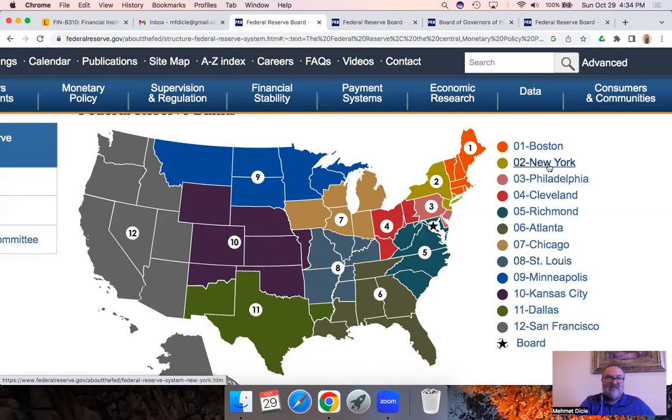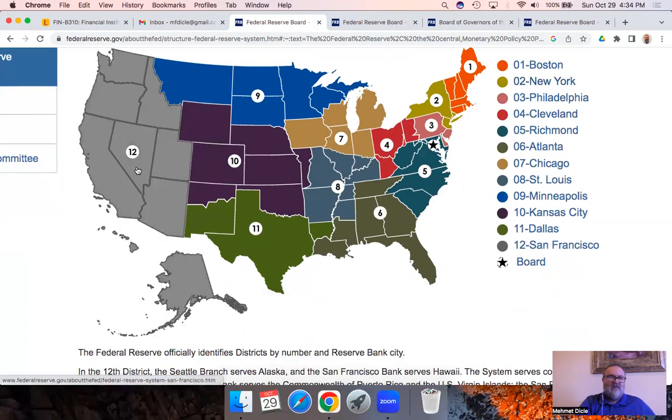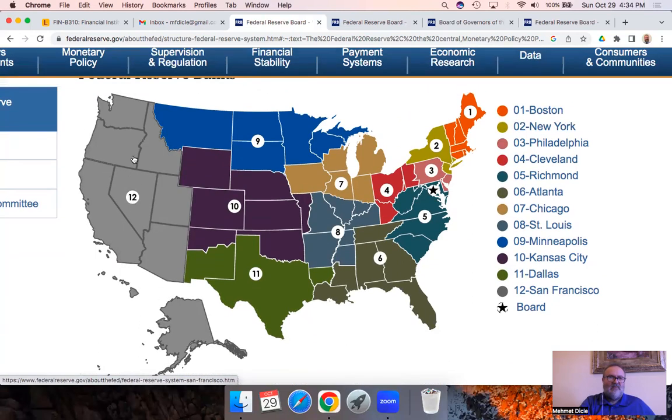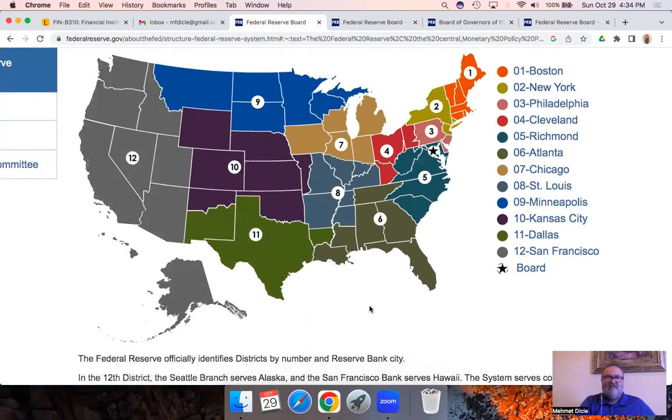New York has a special role historically, simply because most of the large financial institutions are in New York, and therefore the Federal Reserve Bank of New York has a special place within the Federal Reserve System. The 12th district actually is also responsible for Hawaii and Alaska, and like I said, they actually behave quite independently.